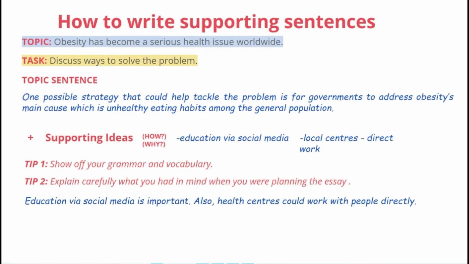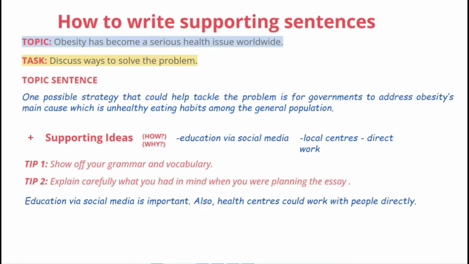I mean, to understand the connection of education and addressing people's eating habits, the examiner would have to turn on their imagination and guess that if people were educated via social media on their eating habits, this way the issue of obesity would be addressed.